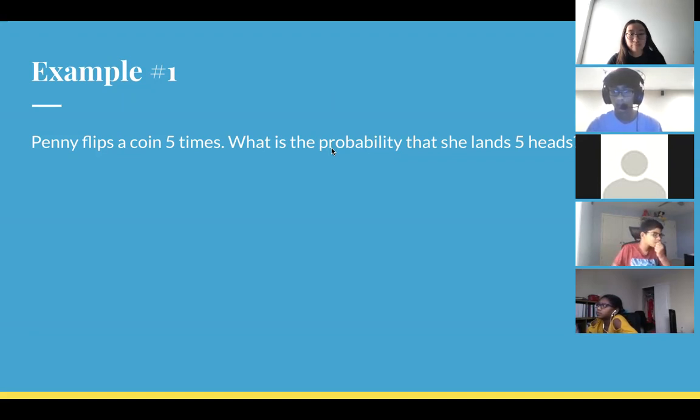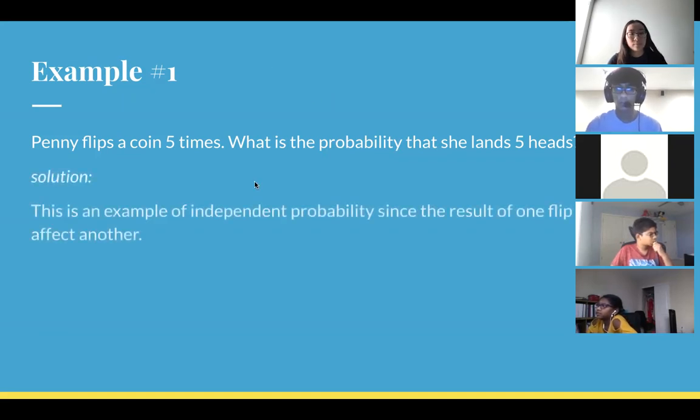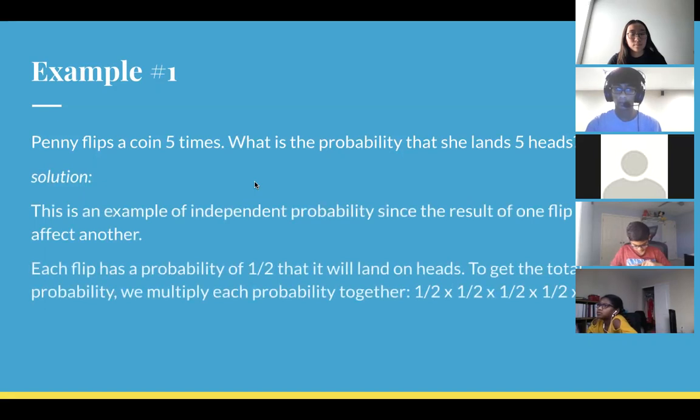Okay. So I see a 1/32. And that is going to be our correct answer. So the answer here is going to be 1/32. And this is because remember that this is independent probability and each of the outcomes don't affect each other.